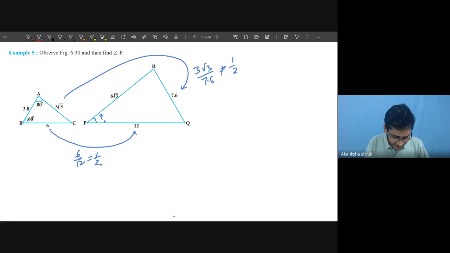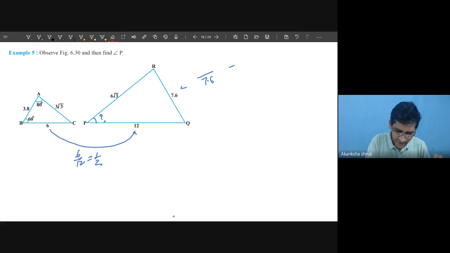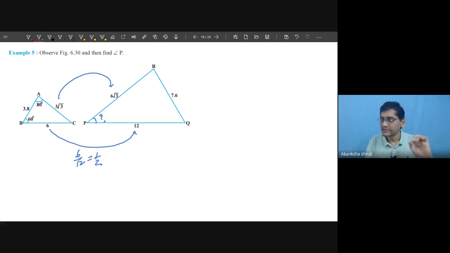Even considering BC corresponding to PQ means keeping the ratio 6/12 as it is. Now you change the other. So keep one as it is, change the other. Means you just leave this. Now you try for the correspondence of this 3 root 3 with 6 root 3.